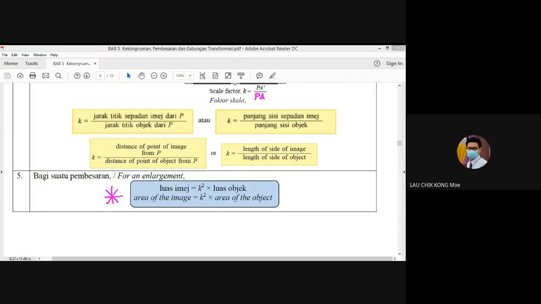You also can write K square equals to area of image divided by area of the object. Sama saja lah, hanya cara kita tulis. Kalau tulis dalam pecahan, K square equals to area of image divided by area of object.